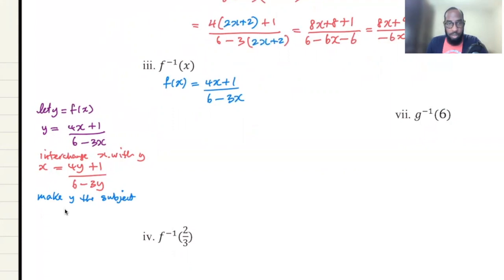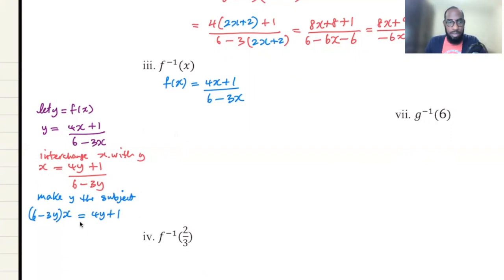If I multiply both sides by 6 minus 3y, it will cancel out here. 6 minus 3y will cancel out here. And on this side, I will have 6 minus 3y by x, right? And that is equal to 4y plus 1. Nice, so I'm going on top here and continue.